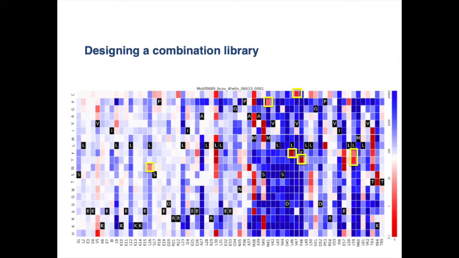In particular, we would look at residues that seem to be quite important, so they're in the core or the interface of the protein, and that have just a few possible mutations that seem to improve function. And we would create a combination library that allows us to check whether combinations of those residues together cause further improvements.